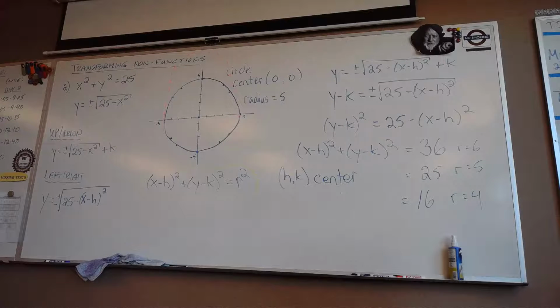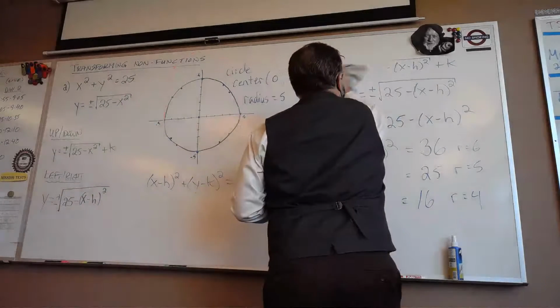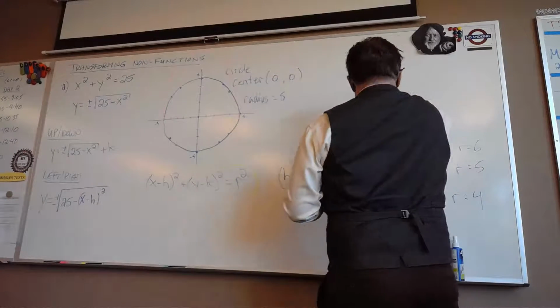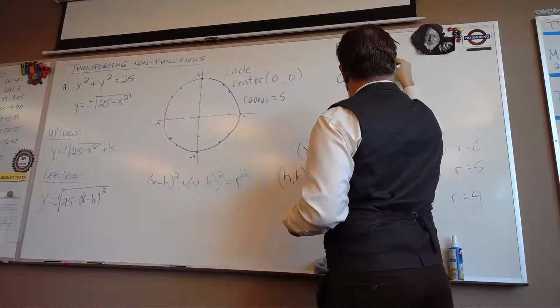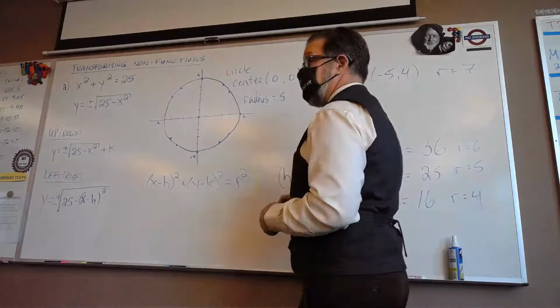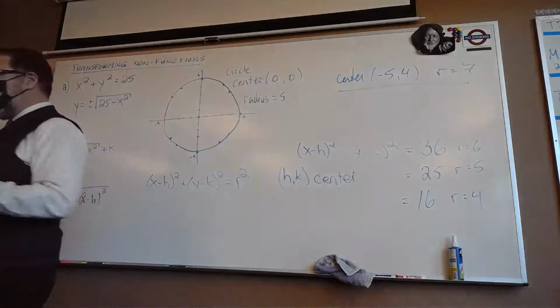So, could you give me the equation of a circle that has center at -5, 4, and a radius of 7? Write the equation of that circle. Right there. Go. Center's at -5, 4. The radius is 7.